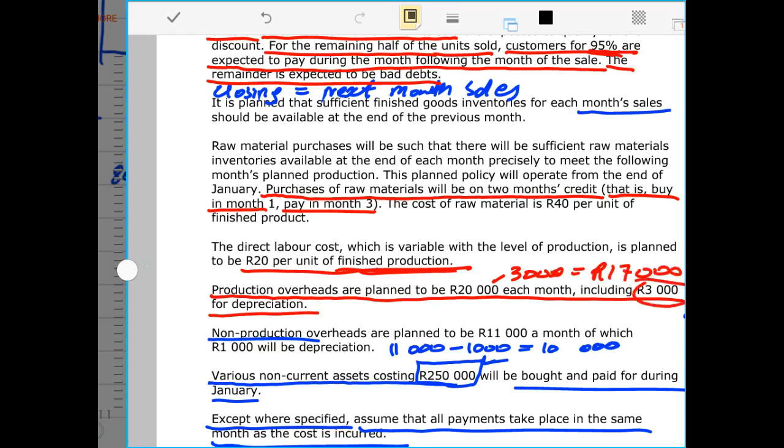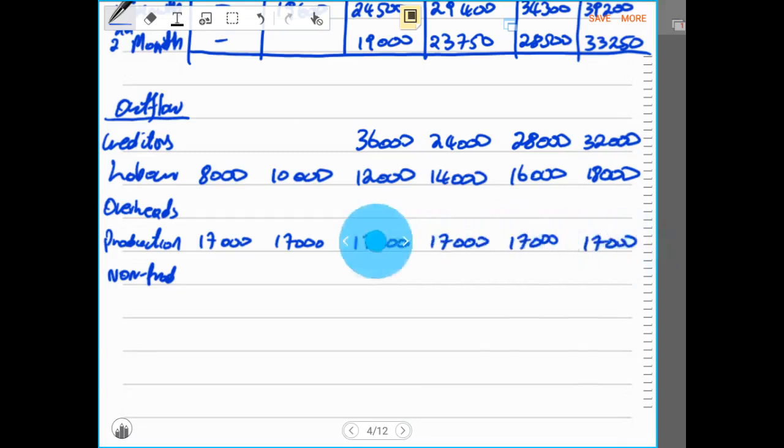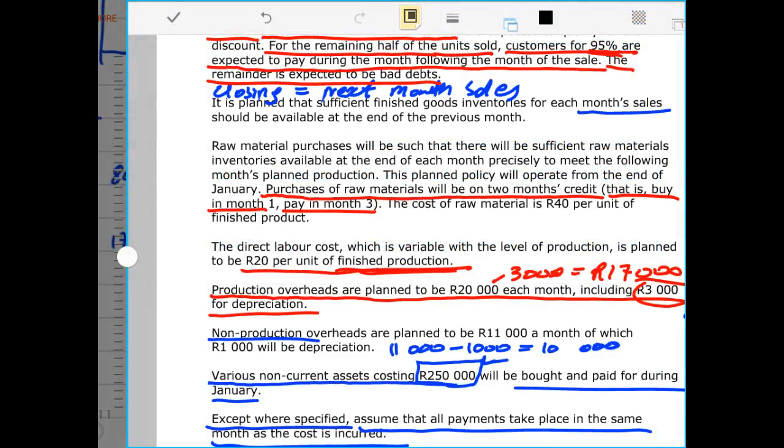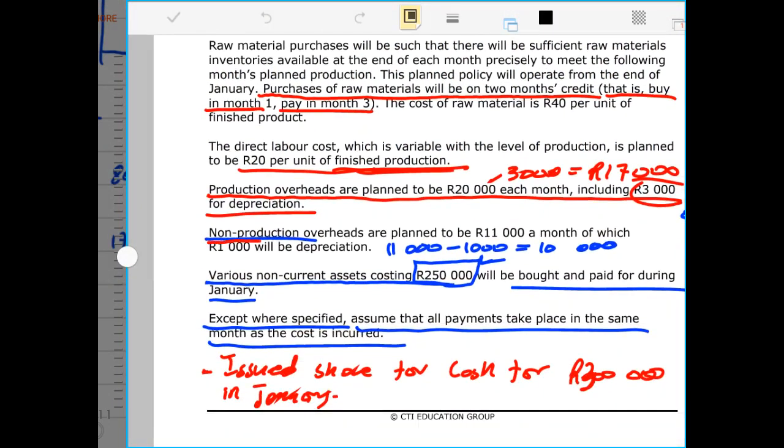This is because depreciation is a non-cash item, and non-cash items are not recorded in the cash budget. We only record cash items here. Therefore we'll have 17,000 in each month. The non-production overheads amounted to 10,000, because they are planned to be 11,000 a month, which includes 1,000 rand of depreciation.